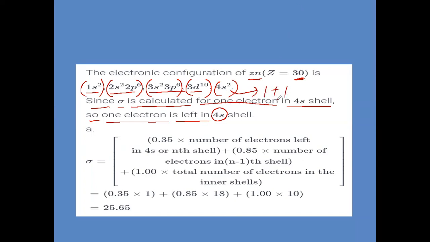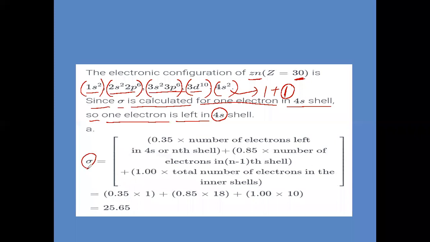Out of the 2 electrons of 4s, on 1 electron we are calculating the sigma value. Other than that 1 electron, one more electron is there. That's one.